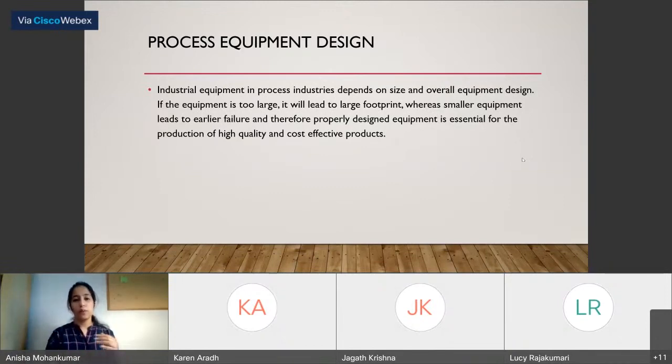Therefore, properly designed equipment is essential for the production of high quality and effective products. At the same time, the cost is also kept in mind while designing any kind of product. Cost has to reduce, but you still have to get a good quality product. That's where the design aspect plays.